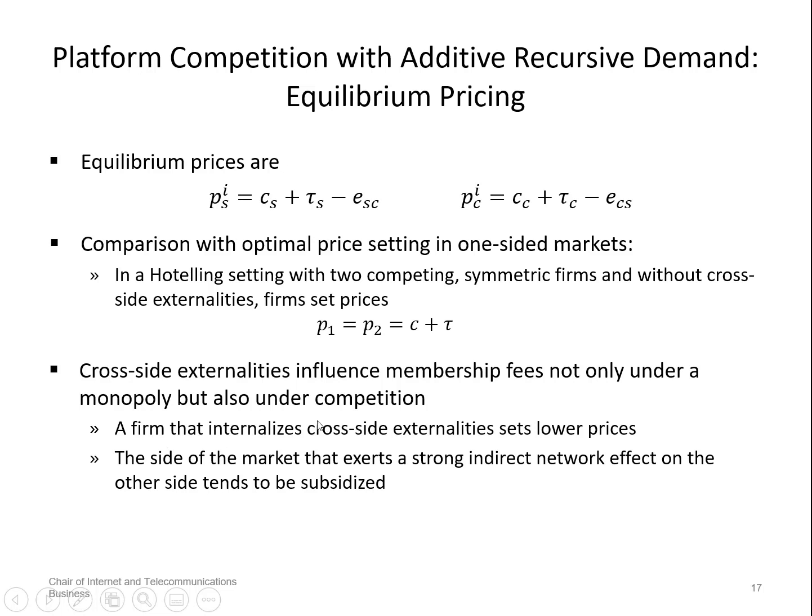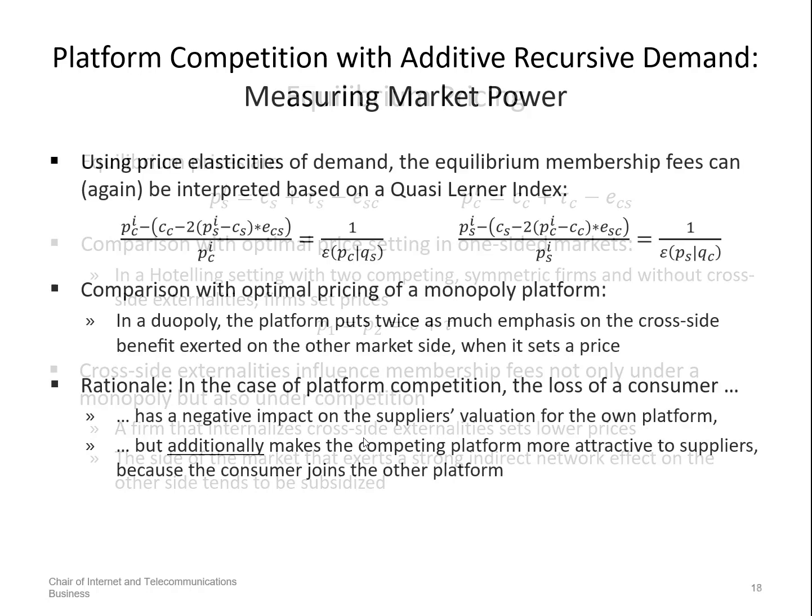A firm that internalizes cross-side network externalities sets lower prices, and that's actually the job of the platform. Further, the side of the market that exerts a stronger indirect network externality, e^CS or e^SC, on the other side tends to be subsidized compared to the other side.